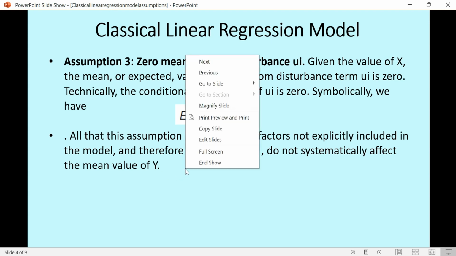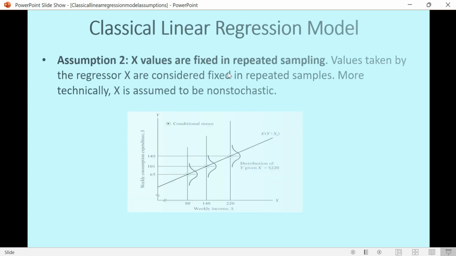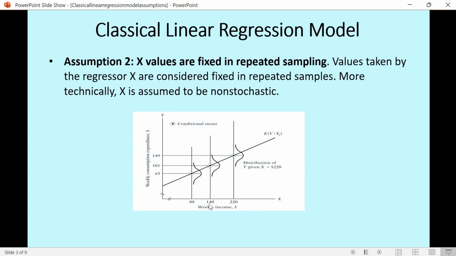If we look back, for example at income level 140, this is the regression line, and the disturbance is observed between the real value and this regression line. For example, at this point the disturbance is positive, but this one is negative, right? But the mean value of the disturbance at a given xi is 0.